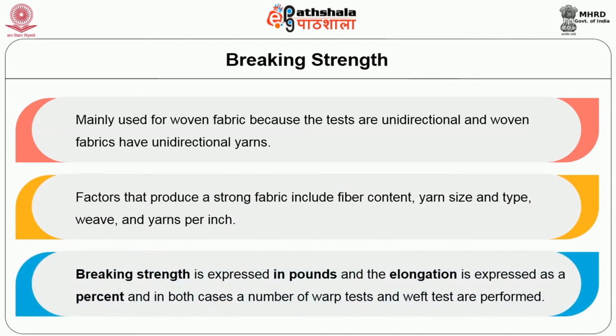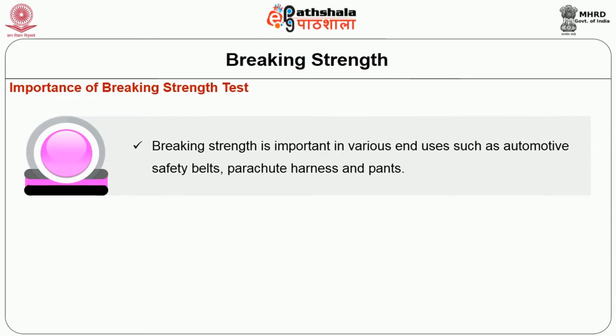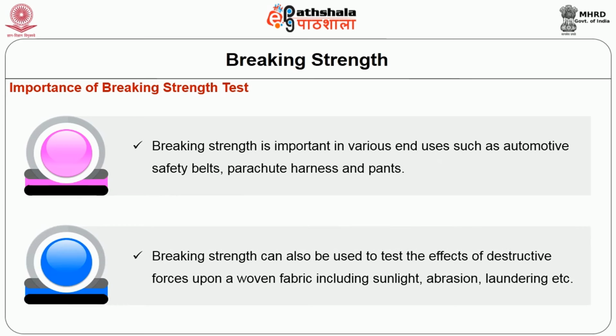Breaking strength is expressed in pounds and the elongation is expressed as a percentage. Breaking strength is important in various end uses such as automotive safety belts, parachute harness, and pants. Breaking strength can also be used to test the effects of destructive forces upon a woven fabric, including sunlight, abrasion, and laundering.